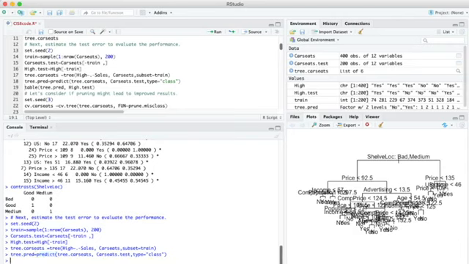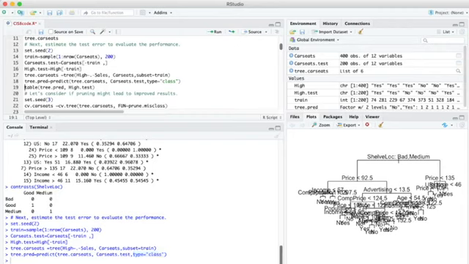We predict on Carseats.test based on the model tree.carseats, and the type is class because we have a classification tree here. So we want to predict what the class would be for this observation. Is it going to be no, or is it going to be yes?